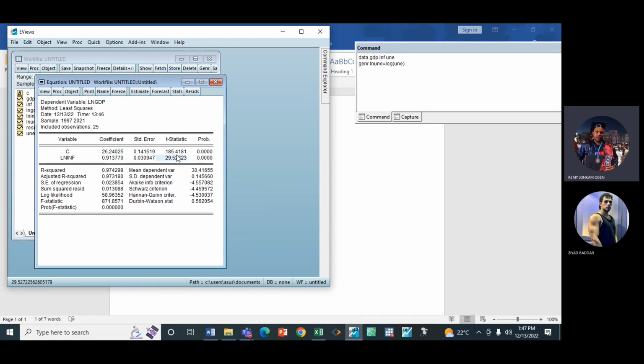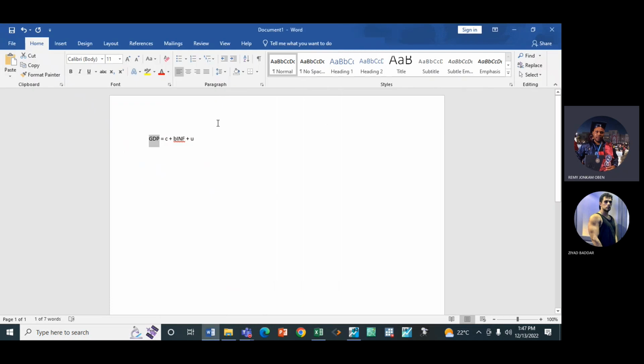You know how to check significance using the t-statistic and probability value. For the t-statistic, we use a rule of thumb. It should be around 2 or greater than 2 in absolute value for it to be significant, right? And you know the null and the alternative hypothesis. Null hypothesis, I think I should write it because I want to show you something.